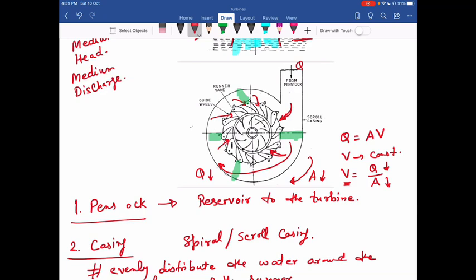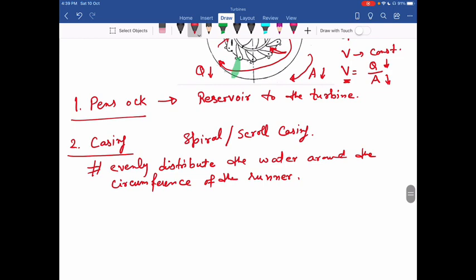Okay, so to make this constant velocity, we have to give a special shape to the casing by reducing its cross section area. So that shape we call the spiral casing or the scroll casing. Okay, so another function of this casing is to maintain V constant.